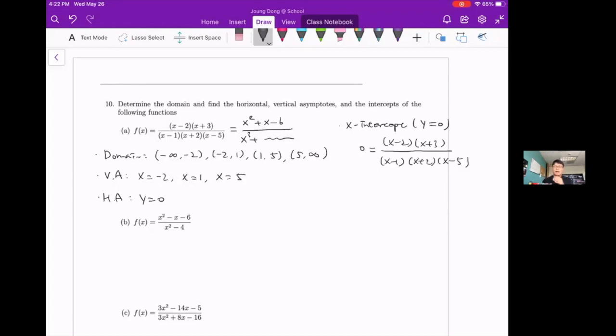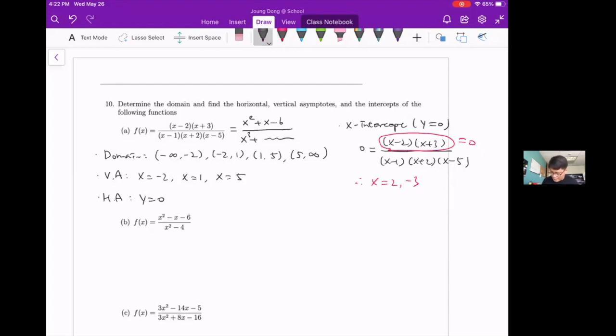Your rational function equals 0, and you were confused about it because it's too complicated. But keep that in mind: whenever a fraction equals 0, you don't have to worry about the denominator, because there is no way for the denominator to make it equal 0. The only thing is that your numerator must equal 0. That is the only case. These are your x-intercepts.